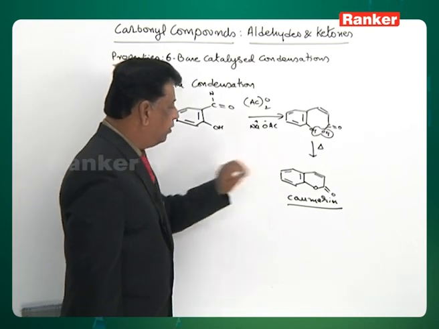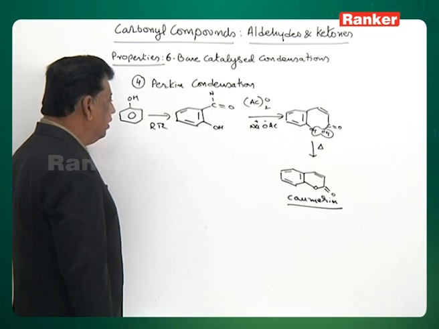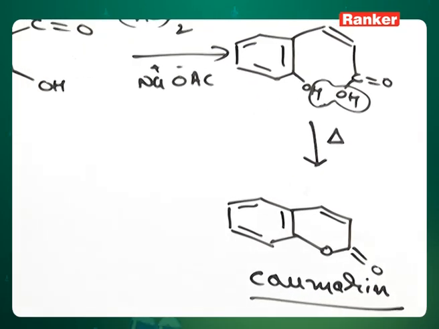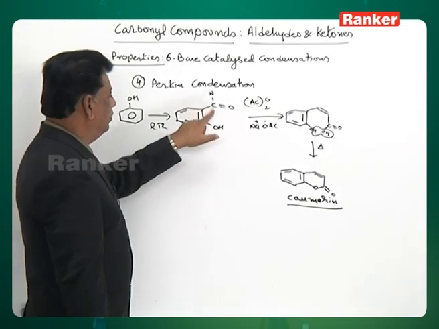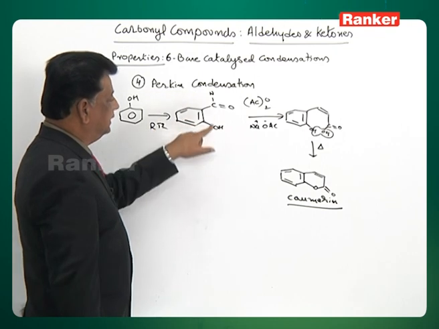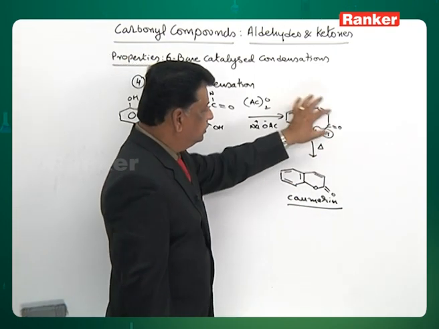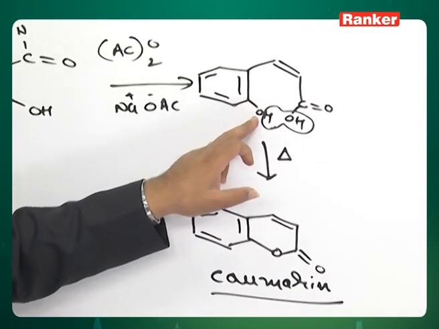So, this compound can be prepared from where? From phenol. Phenol you can also start one step ahead from benzene or chlorobenzene. How do you prepare phenol? Phenol to salicylaldehyde. This ortho-hydroxy compound is called salicylaldehyde. Salicylaldehyde will give a Perkin condensation to give this alpha beta unsaturated acid. Side by side there is the ortho OH.